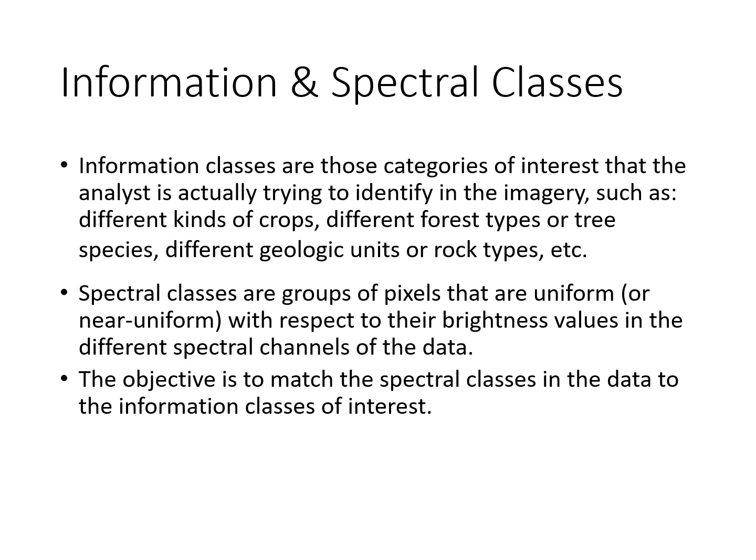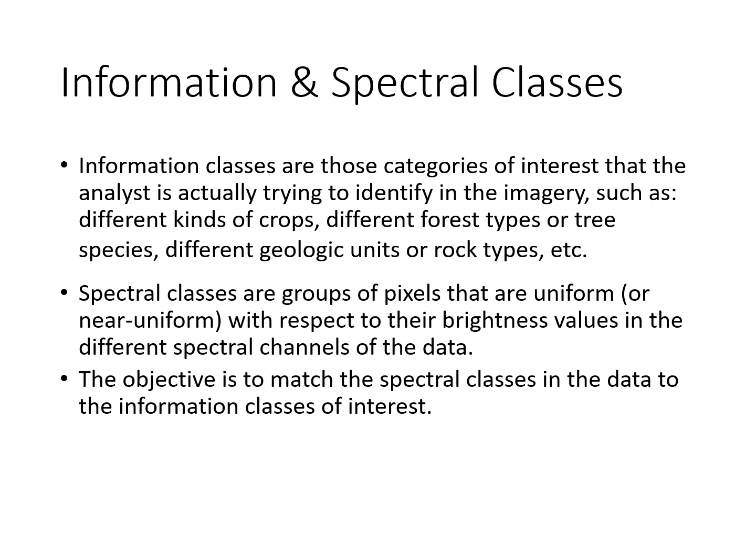And the objective in classification is, in some sense, matching the spectral classes in the data with the information classes of interest, because those spectral classes have a sort of mathematical reality in the data. All of the similar pixels you can define using a mathematical rule.